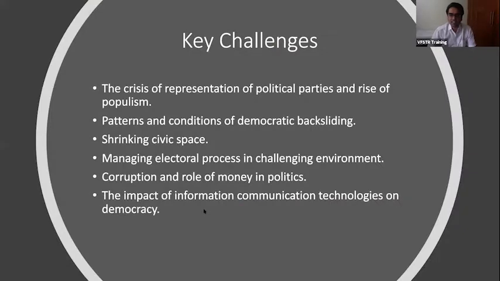What are the key challenges that the report highlighted for democracy? The crisis of representation of political parties and the rise of populism. So what is this crisis of representation of political parties?